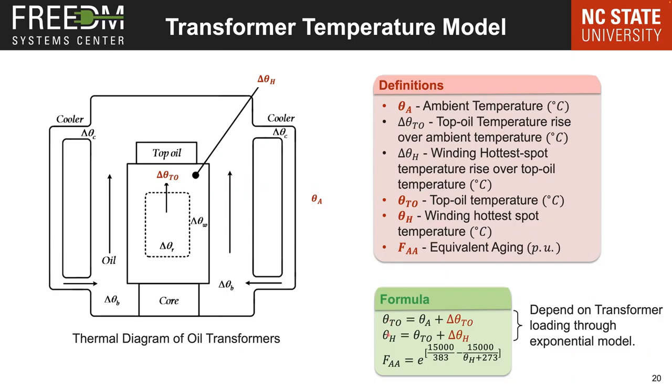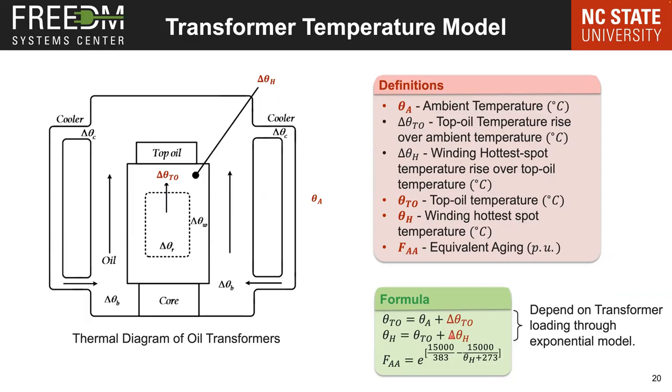Now, these temperatures, apart from ambient temperature, are also affected by the loading on the transformer, which is indicated by delta theta TO. So this is the rise of top oil above the ambient temperature due to the loading on the transformer. And this is a really involved mathematical model involving exponential terms and different parameters of the transformer, for both these values.